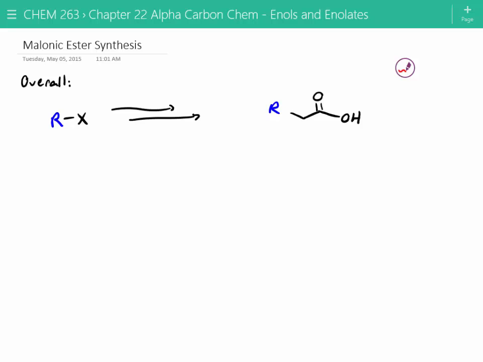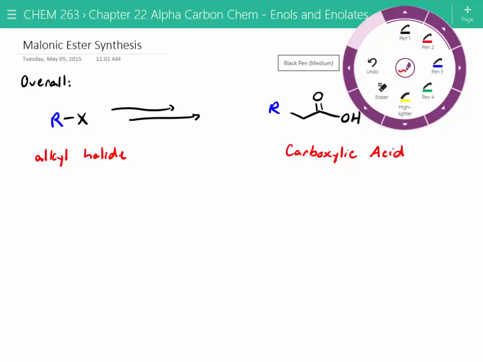So it's a pretty nifty conversion between an alkyl halide and a carboxylic acid. All we're doing is adding a new alkyl group onto the alpha position of acetic acid, essentially.